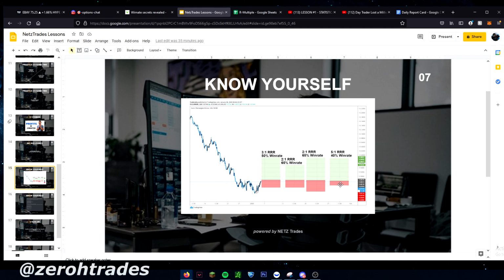As you increase your stop, your price target is going to increase because you have more room to give it space to materialize. And as you decrease your risk, you're going to have a lower win rate because it's easier to get stopped out, but your reward is going to be a lot bigger because your risk is so little.